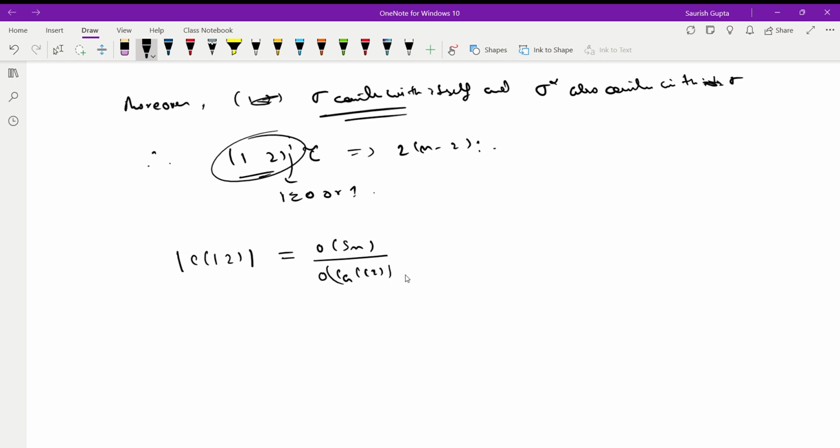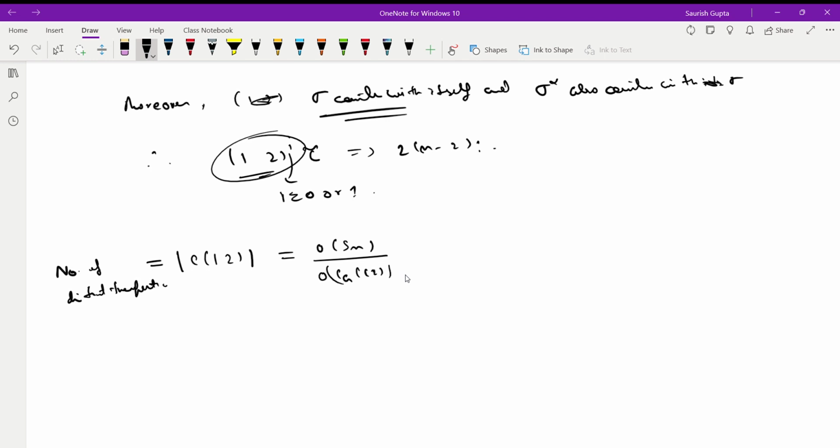They will precisely be all the transpositions, right? Every element which is a 2-cycle will be a conjugate of (1 2) because they have the same cycle decomposition trivially.